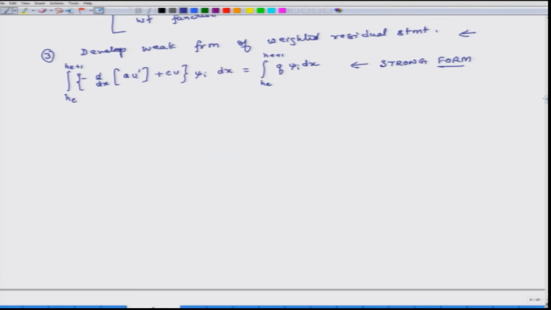And now I will mathematically manipulate the strong form to convert it into a weak form by integrating by parts.